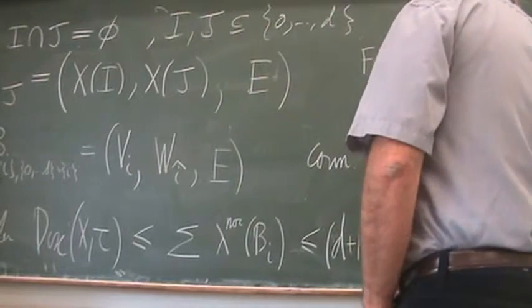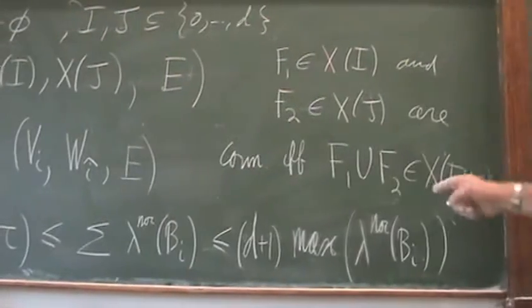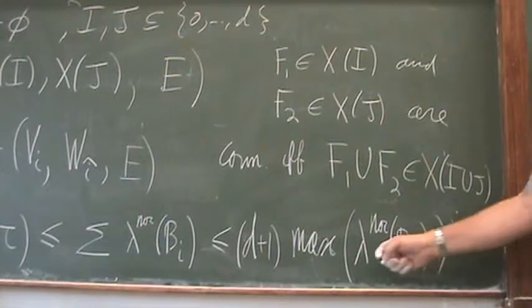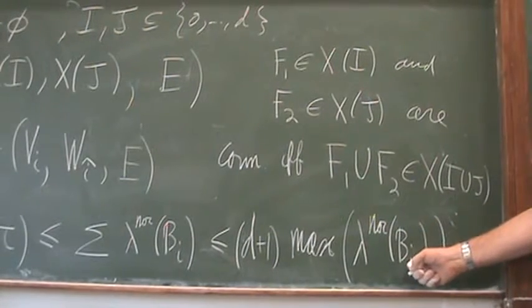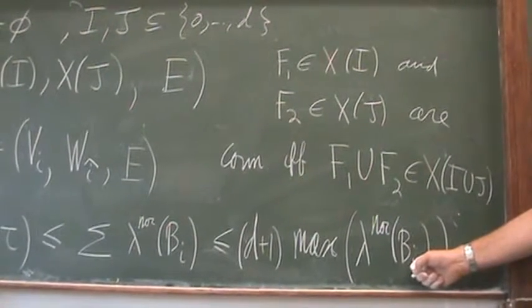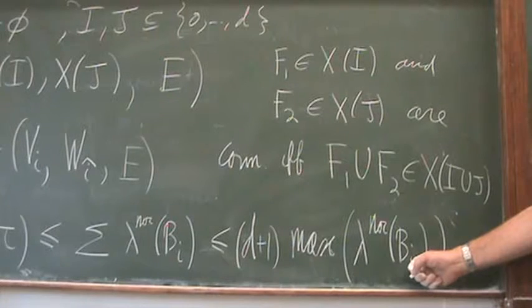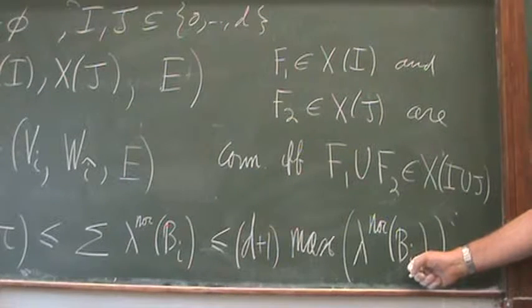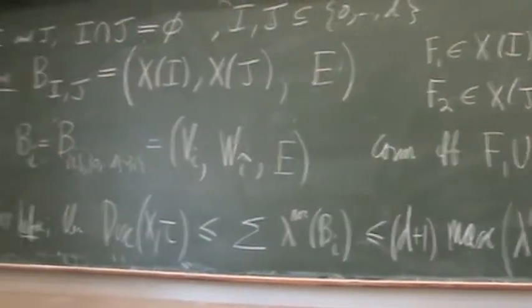Remember that we defined, for a bipartite graph, the normalized second largest eigenvalue, which is the second largest eigenvalue divided by the square root of k1 k2, the degrees.